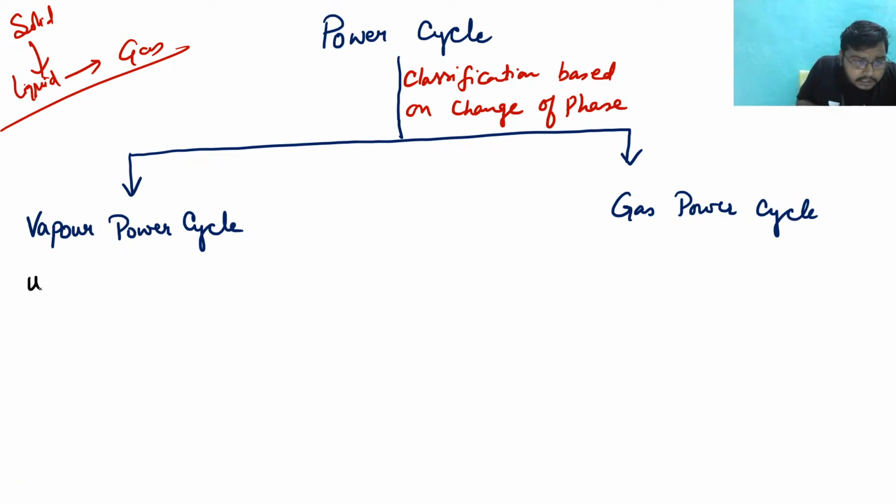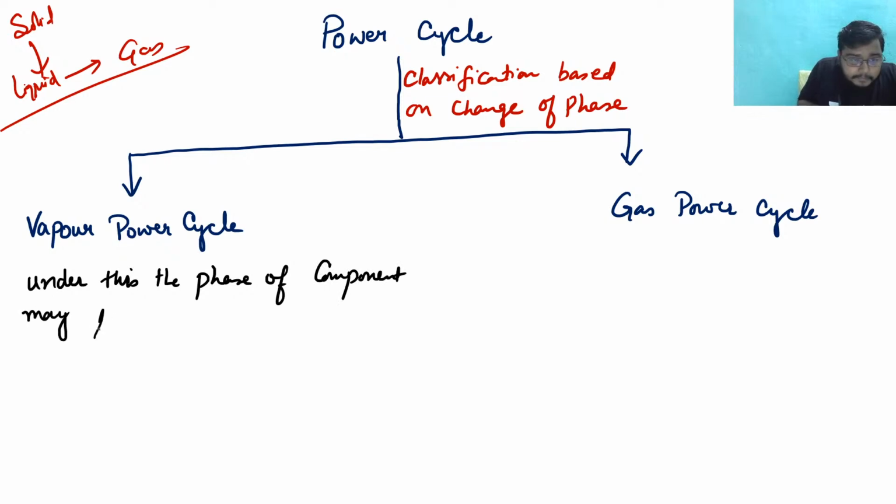Now see, under the vapor power cycle, the phase of the component may be liquid or solid or gas, right? That means the phase changes.